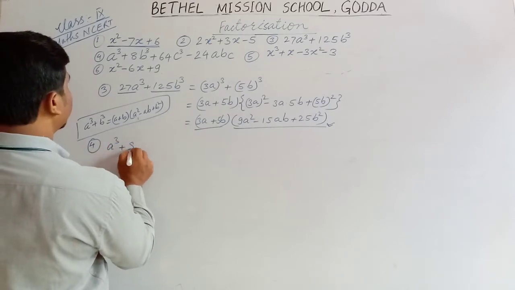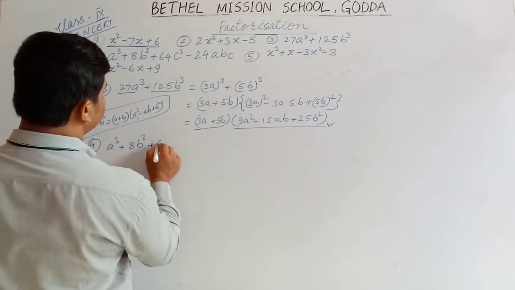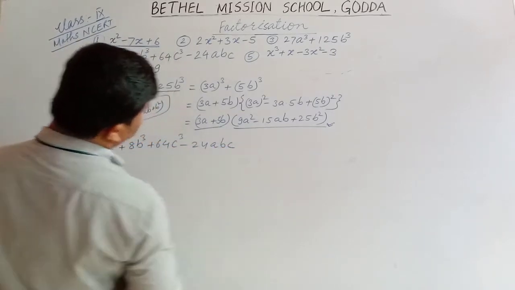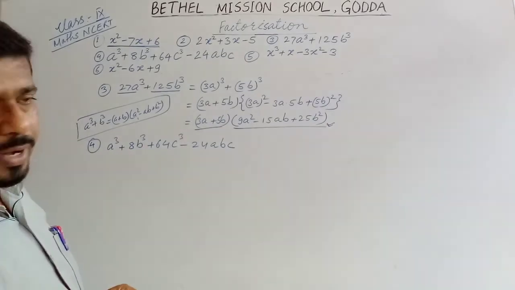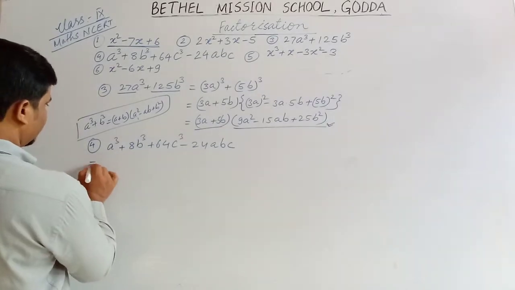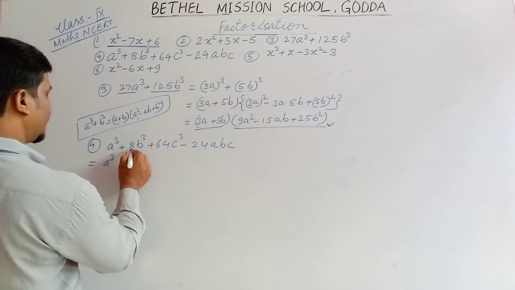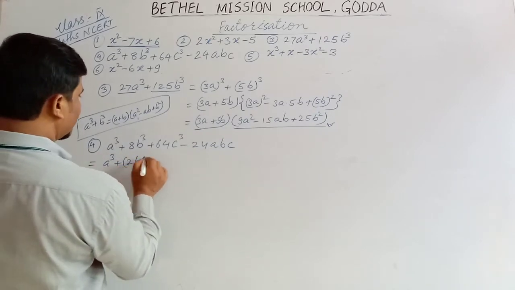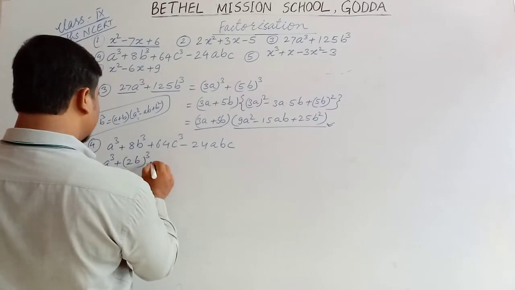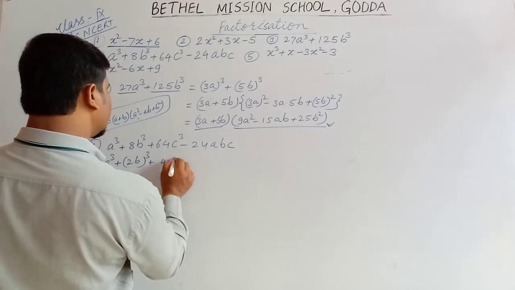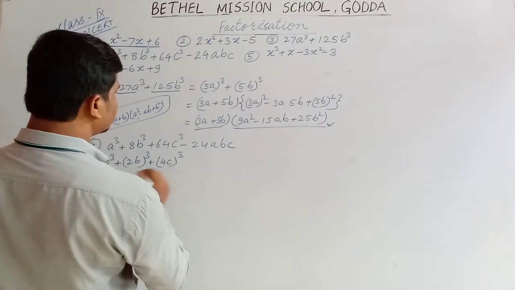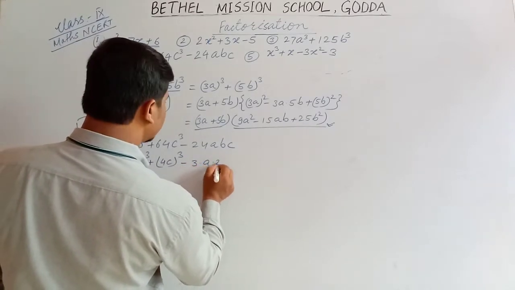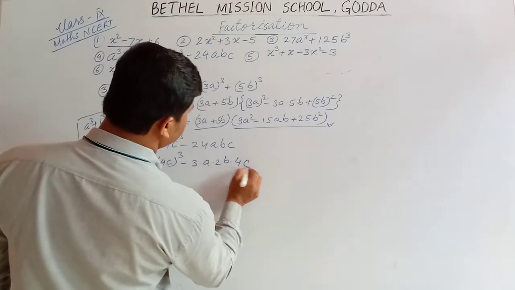a cube plus 8b cube plus 64c cube minus 24abc. Here which property will be possible? You see, a cube, okay, and 8 is the cube of 2, so (2b) whole cube, and 64 is the cube of 4, so (4c) cube, minus 3 into a into 2b into 4c.